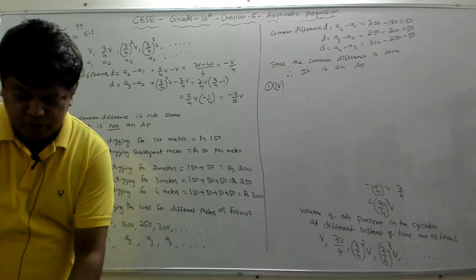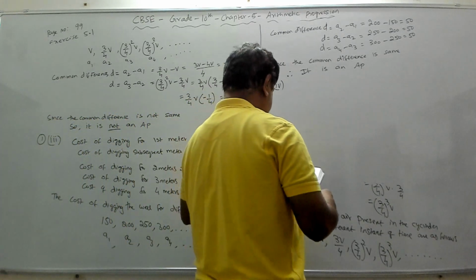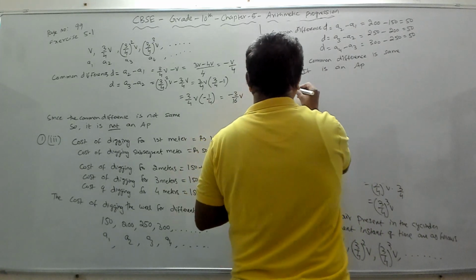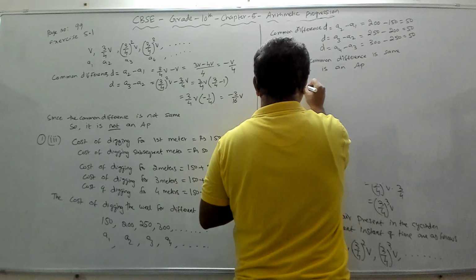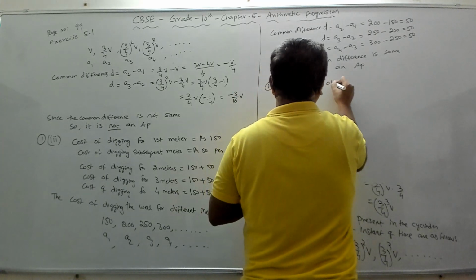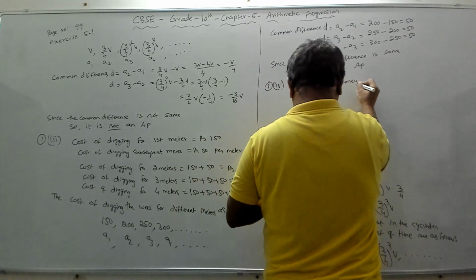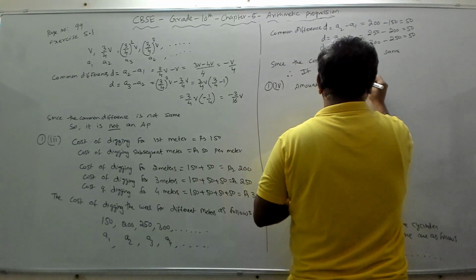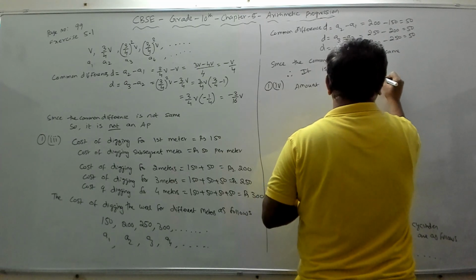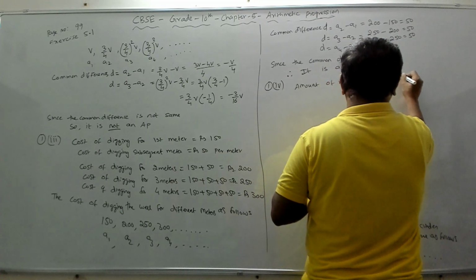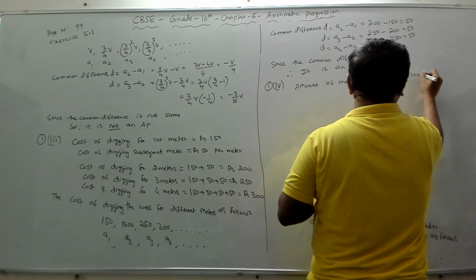So what is given, the amount initially, right? So amount of money in the first year will be how much? 10,000 rupees.